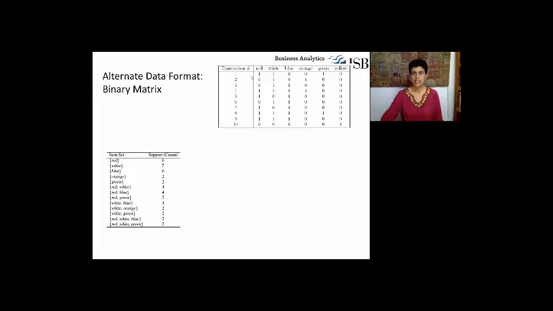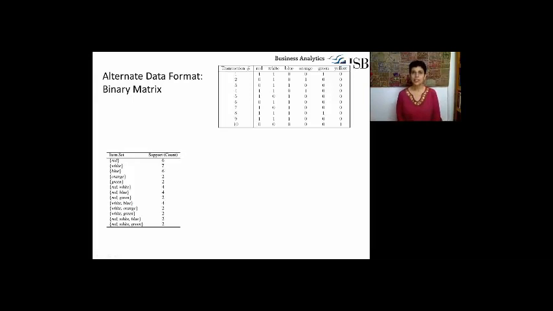And what we did in this view is transform the data into a data matrix form that is similar to the data matrices that we've seen before. So we have transactions in rows, and we have colors in columns, and we use binary zeros and ones in order to determine whether this particular color was purchased in this particular transaction. So in transaction number 1, we see that colors red, white, and green were purchased, while the others were not purchased.